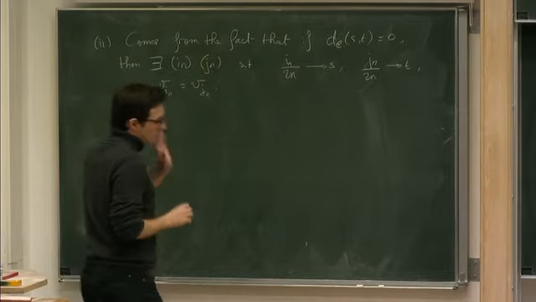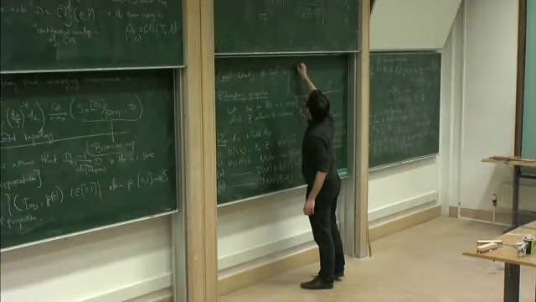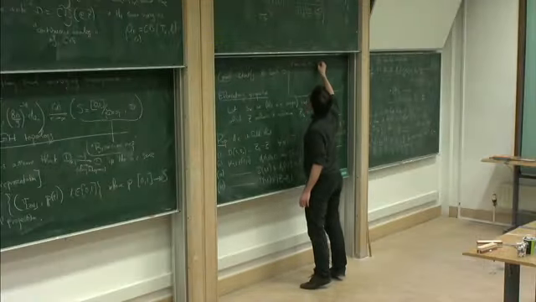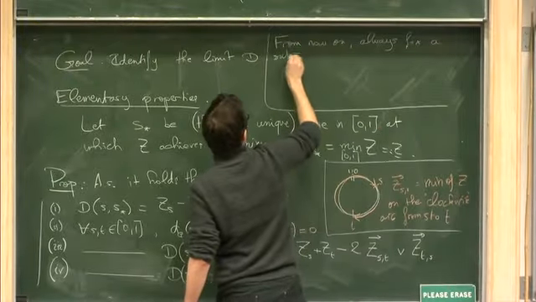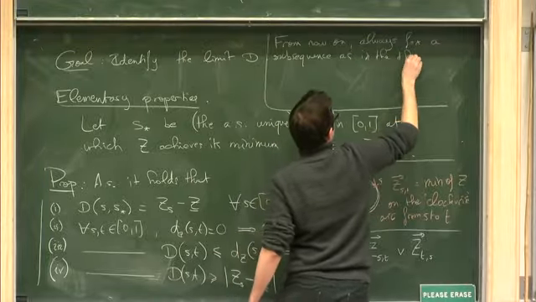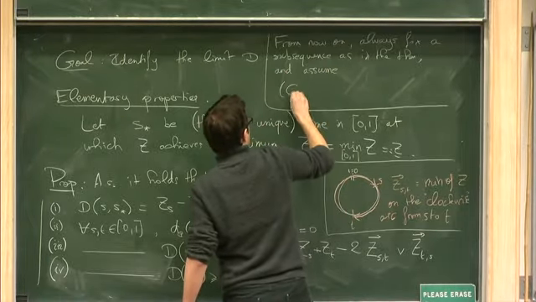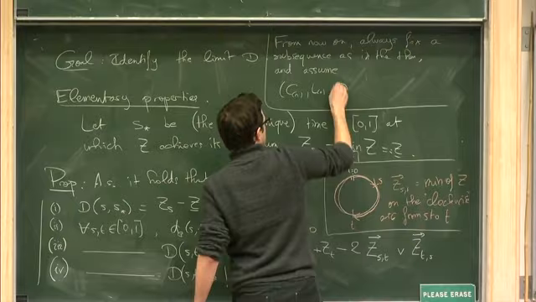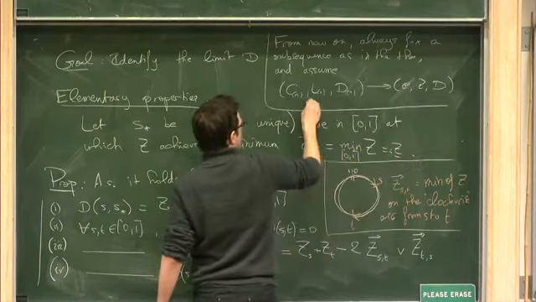Okay? So, maybe I should have made this comment earlier, but it should come at that point. From now on, always fix a subsequence as in the theorem, and assume that the triple Cn, Ln, Dn converges to E, Z, D, not only in distribution but in the almost sure sense.